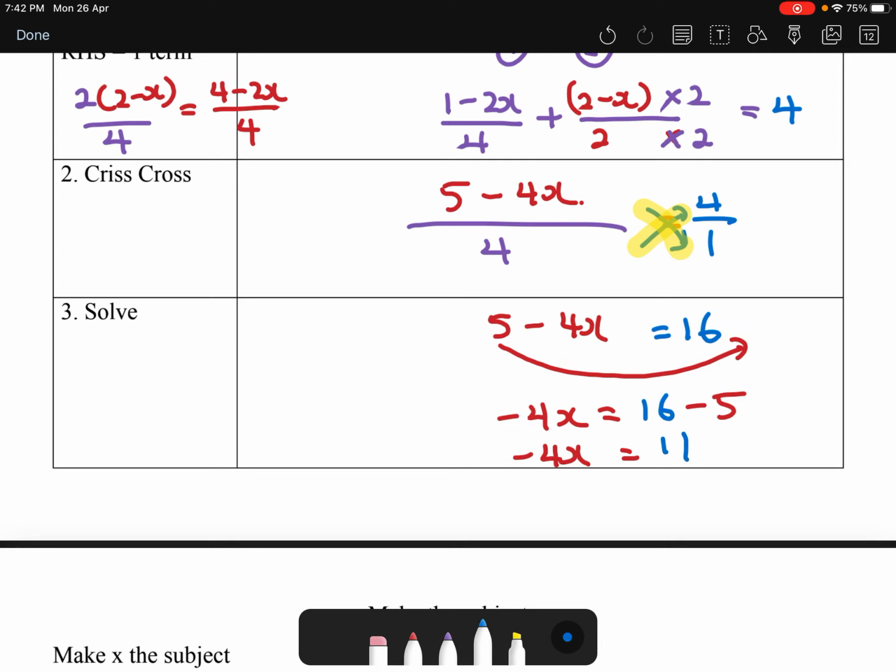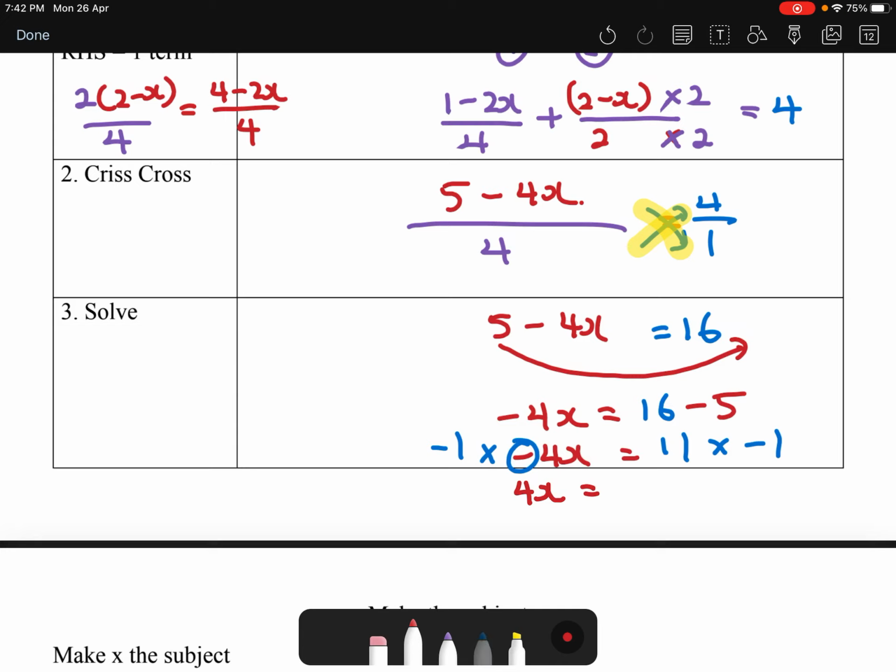Before you divide by 4, you get rid of your negative. How do I get rid of it? Simply multiply by -1 on the left and multiply by -1 on the right. When you multiply, negative times negative is positive.